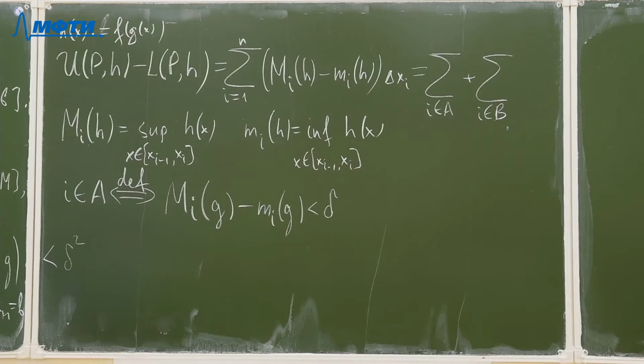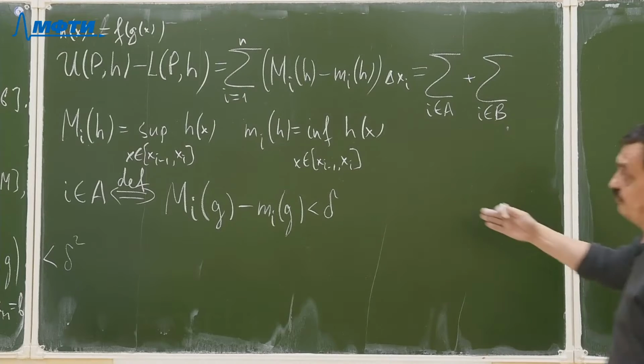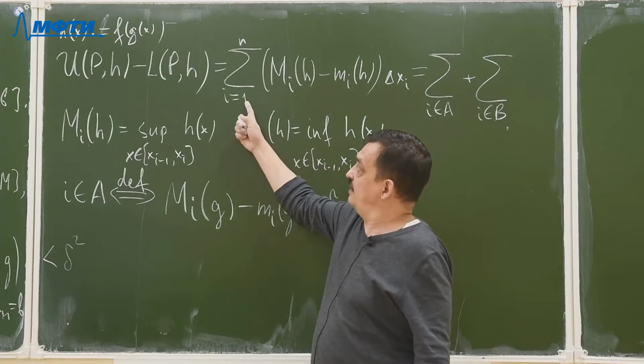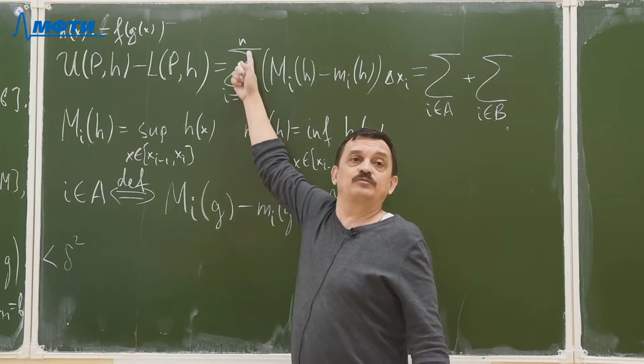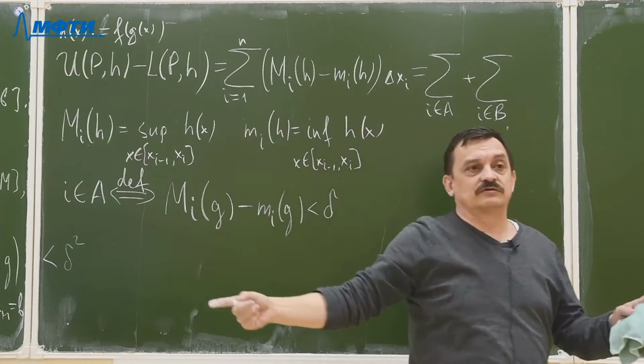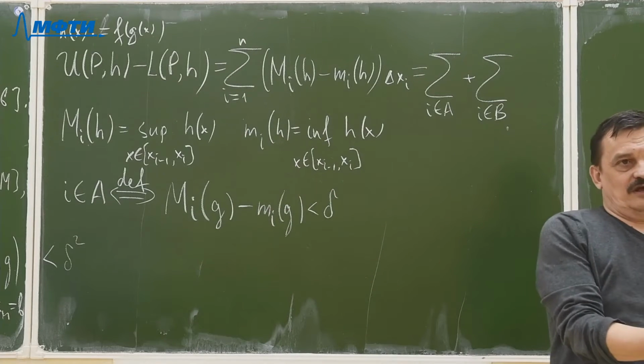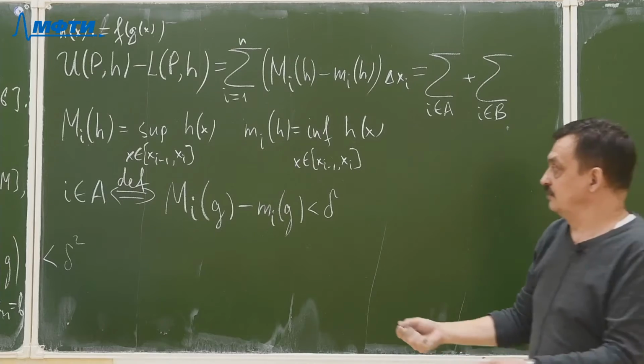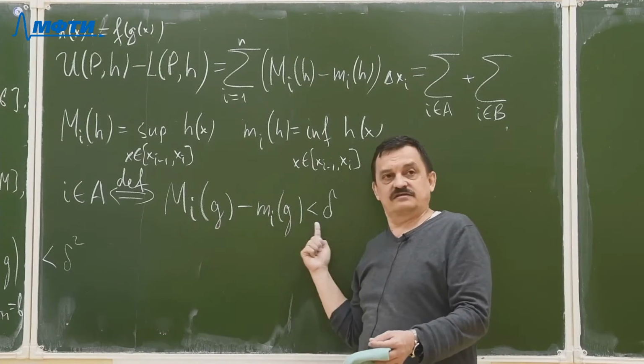So look how it happens. We have indices. i runs from 1 up to n, right? 1, 2, and so on. We look at every i and look at this difference.